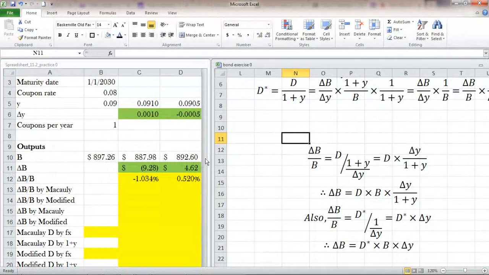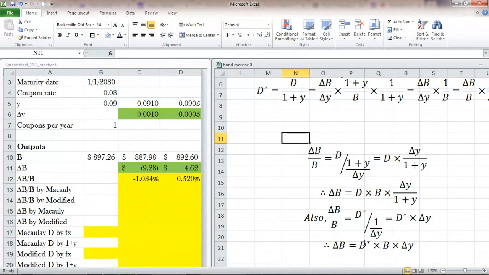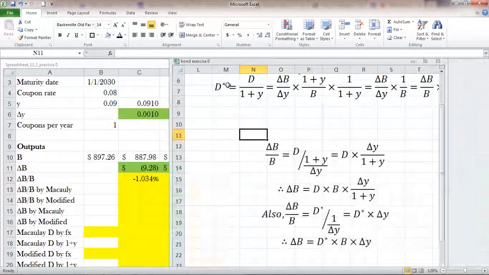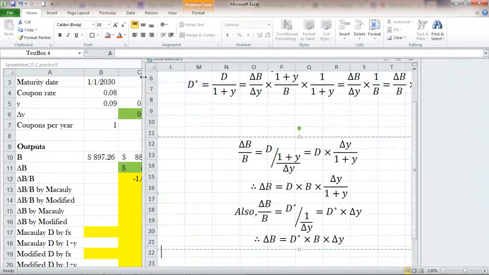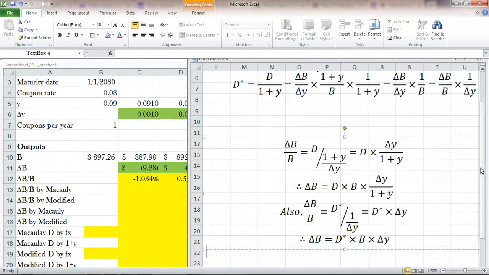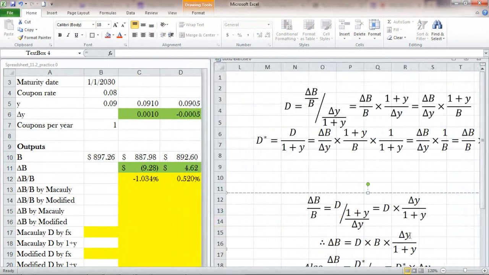So there's only up to column D. So if I find Macaulay duration, you see, the duration using 1 plus y, right?